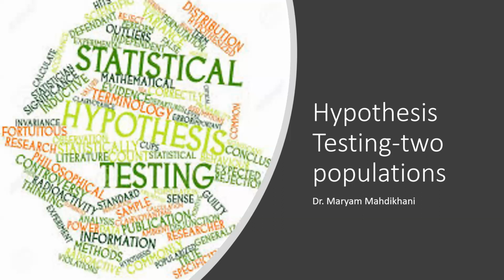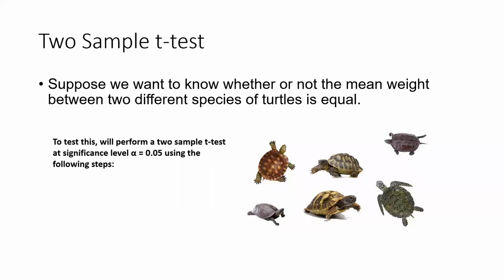So now today we are going to learn about two different populations. I'm going to start with the example and a story as always. Let's assume that we want to know whether or not the average weight between two different species of turtles is equal. So this is the main question for the researcher for so many years.